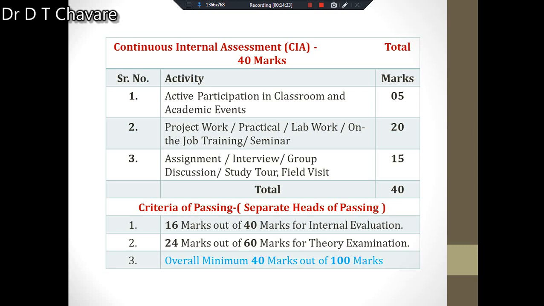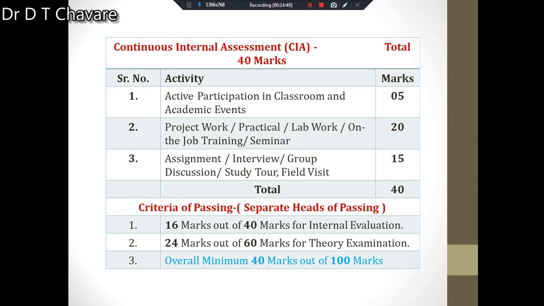It means first 5 marks, second 20 marks, and third 15 marks, all total 40 marks for the continuous internal assessment.